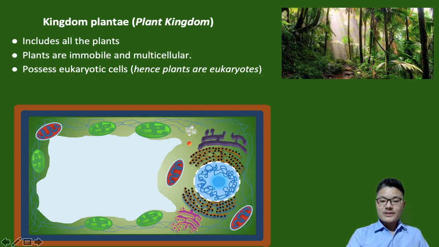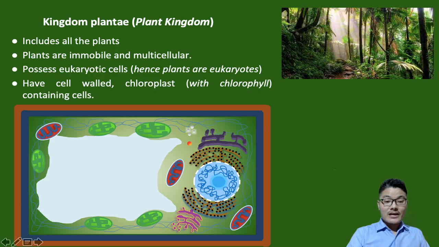So the nucleus which is present within the plant cell is well defined or true nucleus, where the genetic material is not within the cytoplasm. It is separated from the cytoplasm by well-defined membrane called nuclear membrane. And along with that we have many cell organelles within the plant cell which are membrane bound. Hence plant cell is eukaryotic cell, and we can say that plants are eukaryotes.